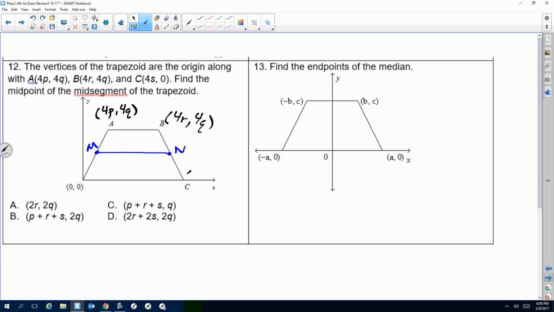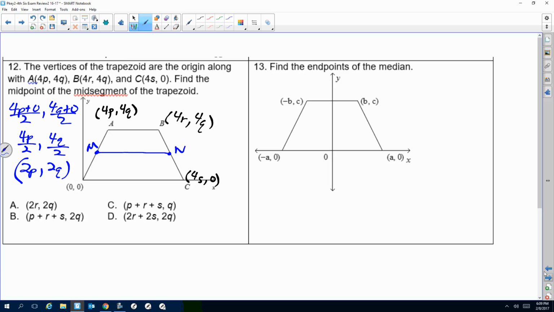Our C is 4S, comma 0. And it's at the origin. So we're going to do the midpoint of the left side. Basically, our 4P plus 0 divided by 2, 4Q plus 0 divided by 2, we get 4P divided by 2, 4Q divided by 2, 2P, comma 2Q.